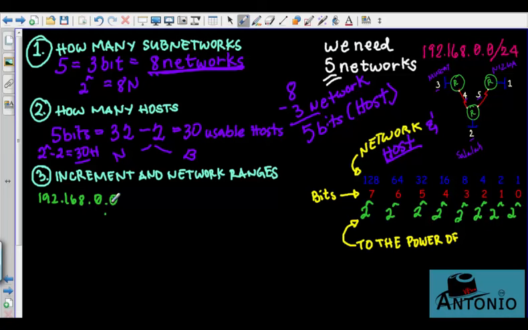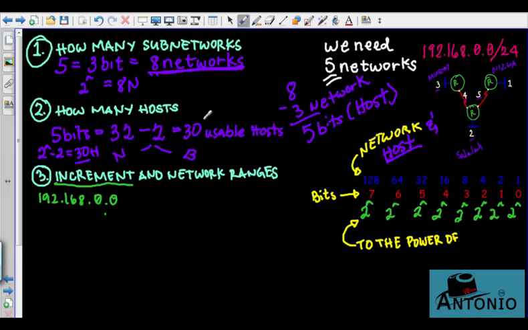How will you know what the next numbers are? That is the increment. We should find the increment value based on our number of bits. So we need 5 networks, as you can see in the first computation here, and 5 networks equals 3 bits.